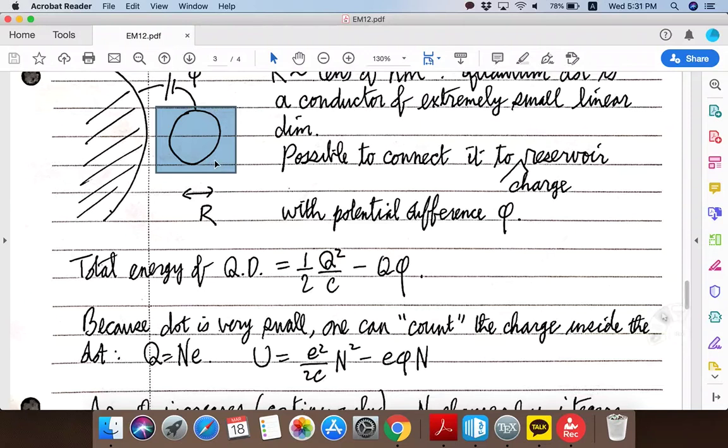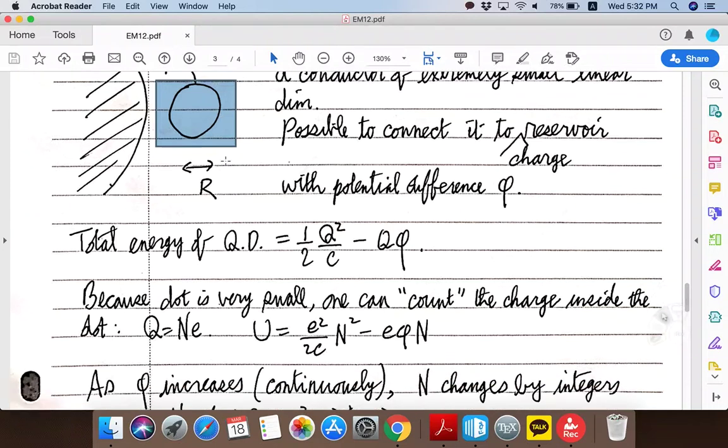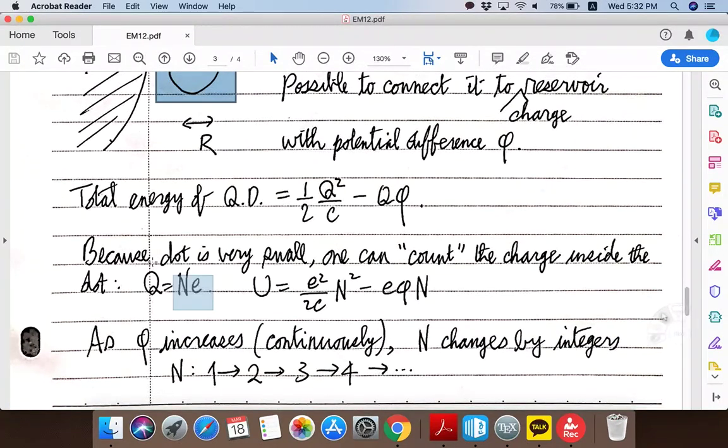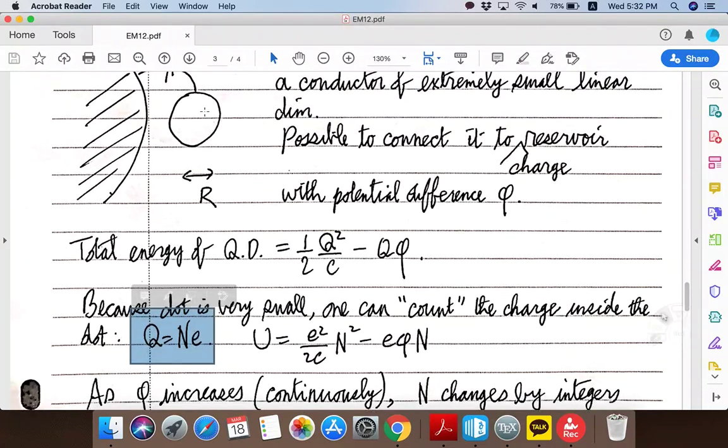You don't really just talk about the total charge on a quantum dot as an average of anything, but really talk about the total charge as 1 electron, 2 electrons, 3 electrons. So you can discretely count the total charge inside the quantum dot.